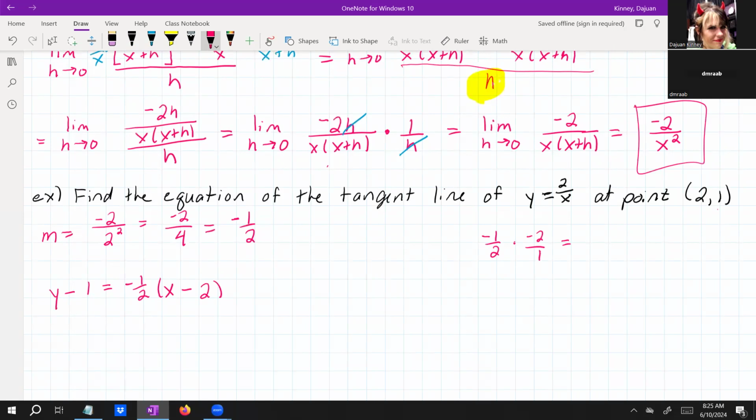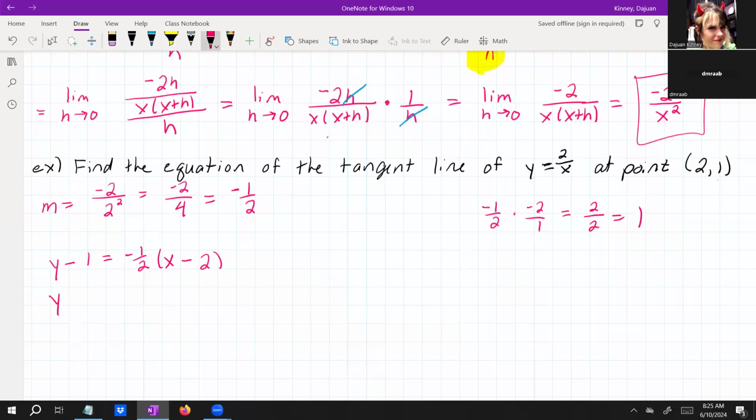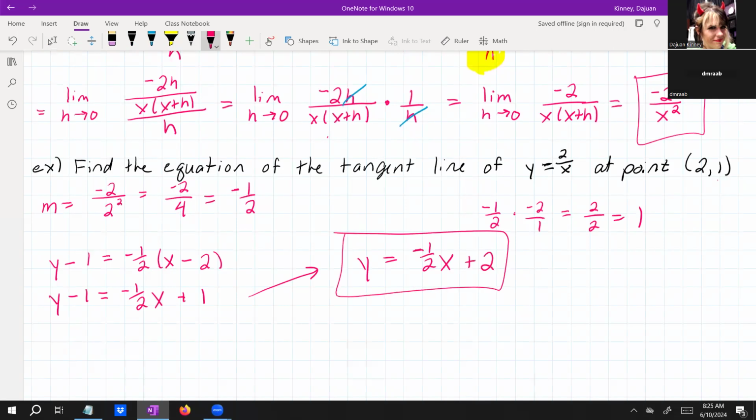Negative times a negative is a positive over a positive, which gives me a lovely +1. So y minus 1 equals -1/2 x plus 1. Add 1 to both sides. Y equals -1/2 x plus 2. That is the equation of our tangent line.